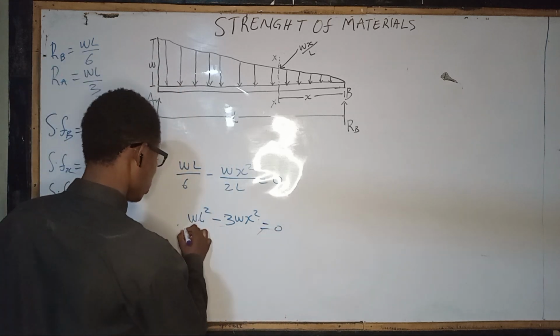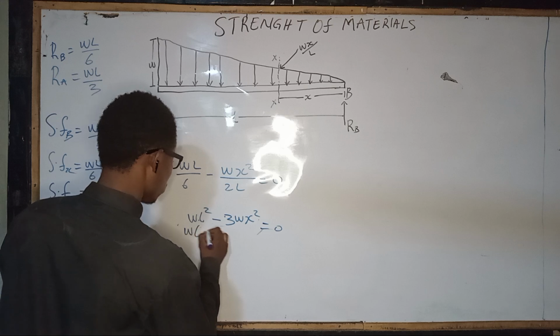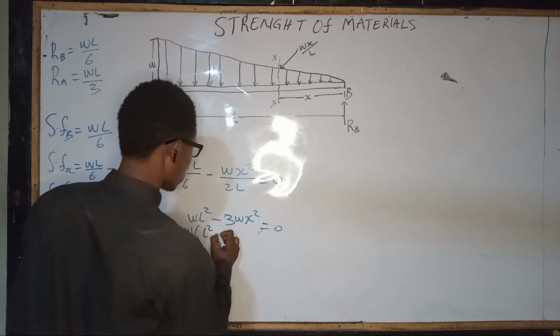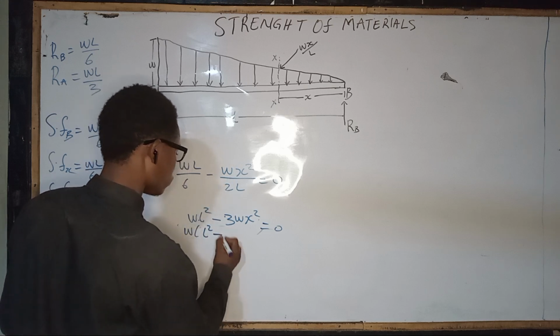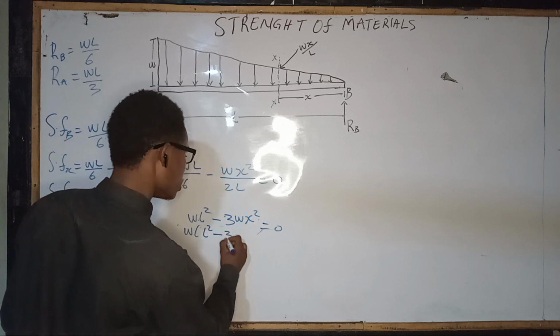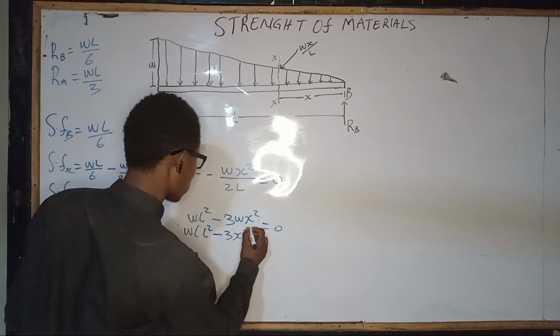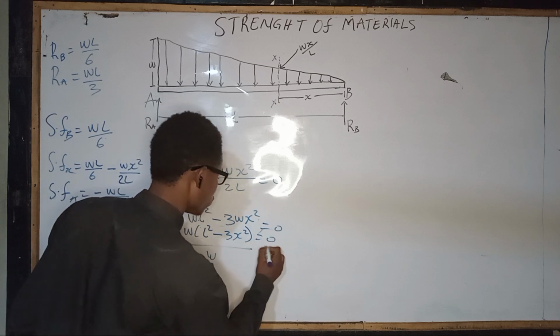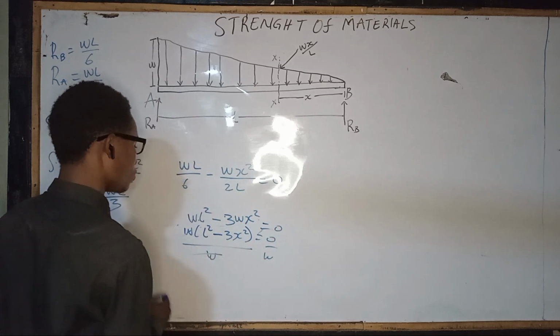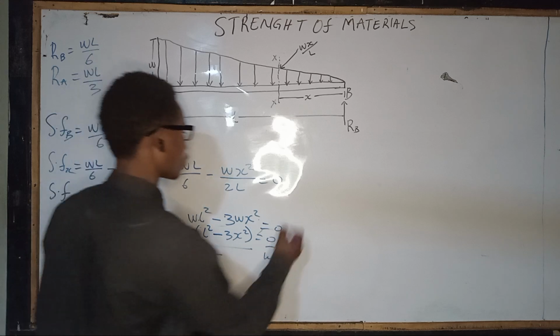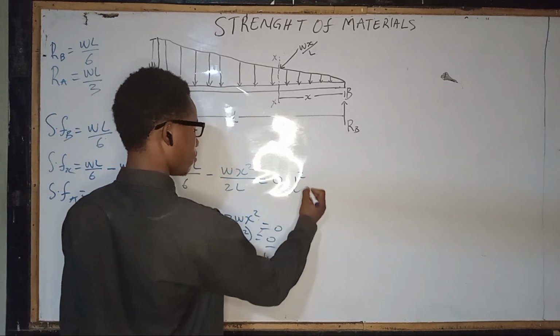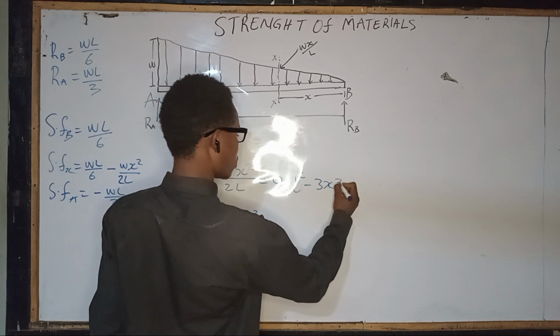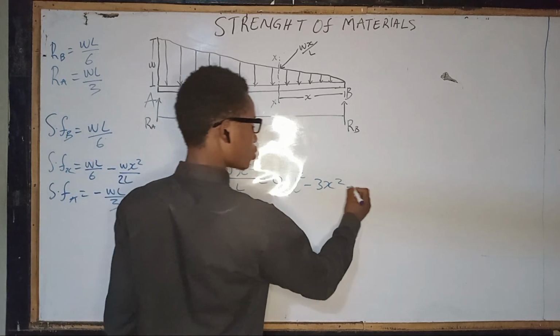W is common here, so bring out W, open bracket, L squared minus 3x squared, then we close our bracket, is equal to 0. Divide both sides by W, W cancels W, so 0 is equal to L squared minus 3x squared.